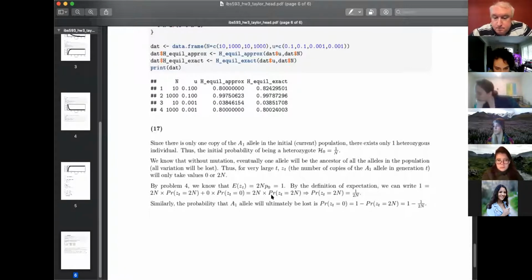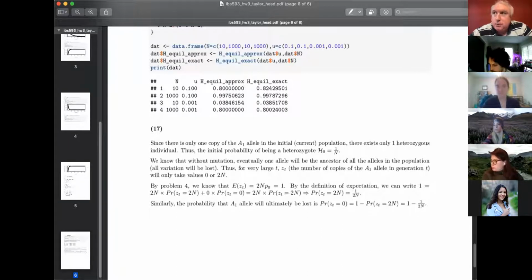And the probability that Z_T equals 2n is the probability that the A1 allele will ultimately fix in the population, and that's just equal to the initial frequency, 1 over 2n. And similarly, we can calculate the probability that the A1 allele will ultimately be lost as just 1 minus the probability that it will be fixed, since it can only take values 0 or 2n, and that's 1 minus 1 over 2n. That's it. So that's the ballgame.